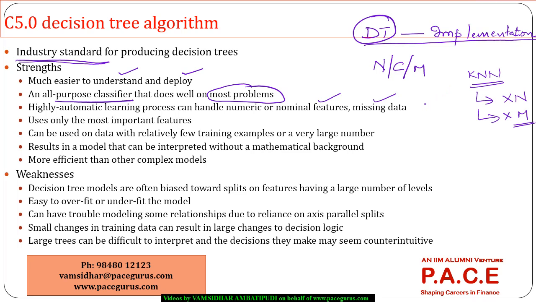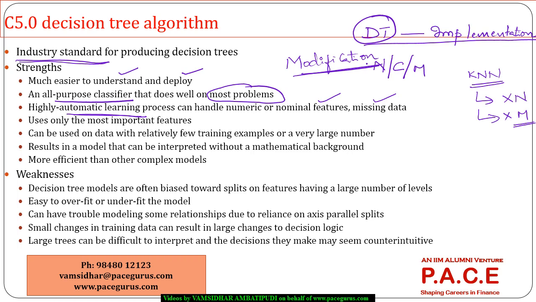Whereas the C5.0 algorithm works even if there are nominal features in your data, even if there is missing data, because there is an automated learning process. All kinds of data can be learned very well without too many modifications to the data. So that's the reason we call it an all-purpose classifier.